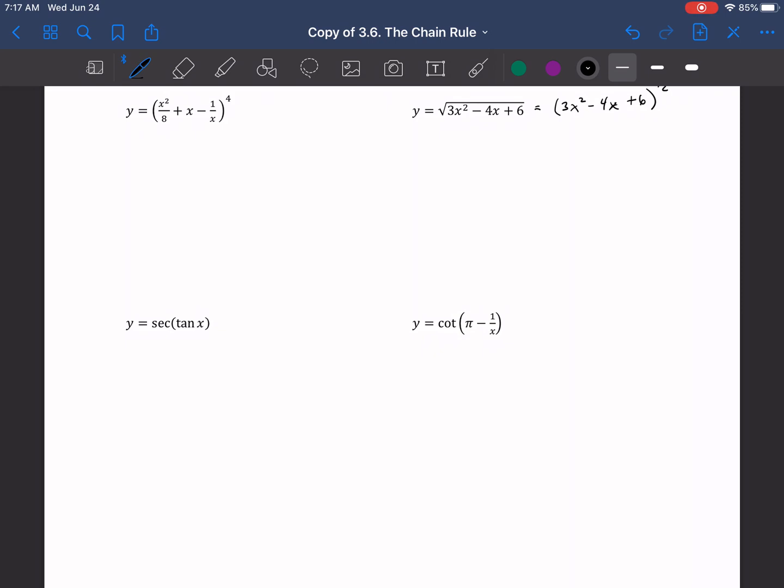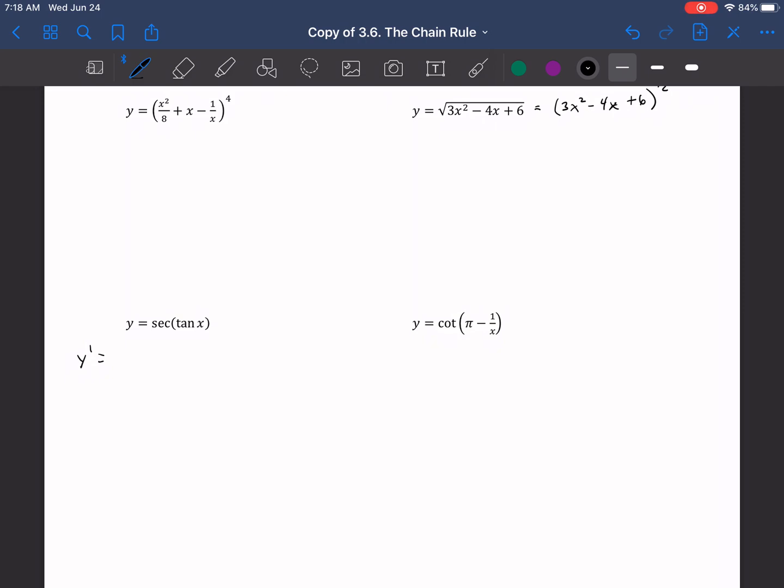So the derivative of what's on the outside, well, the outer function is secant. So y prime is going to be the derivative of secant, and the derivative of secant is secant tangent.